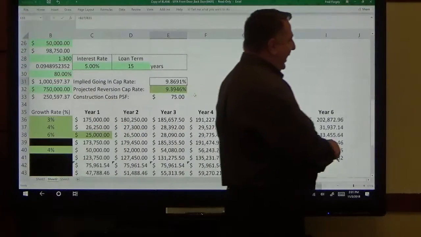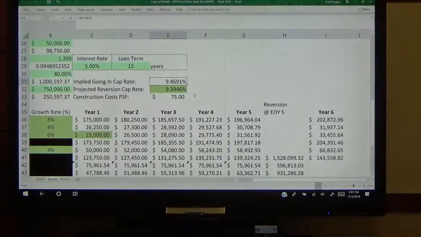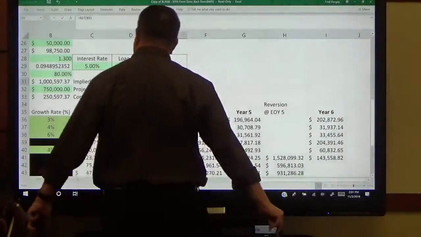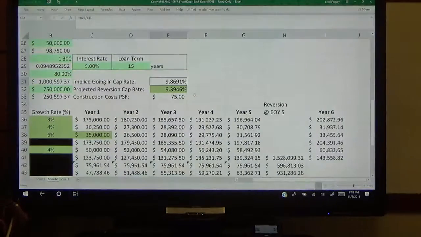You're going to divide that by the value of the property, which in this case is the total amount of $1,597,037. Taking that divided by that gives you the implied cap rate upon the acquisition.